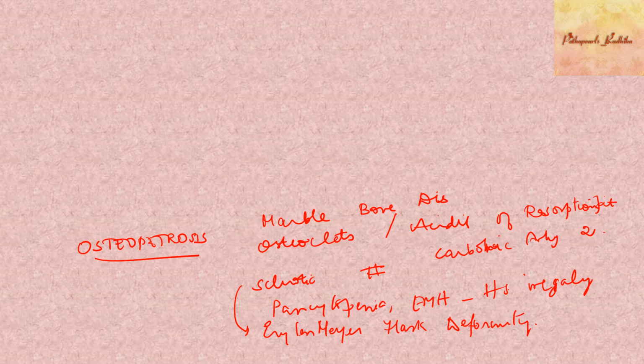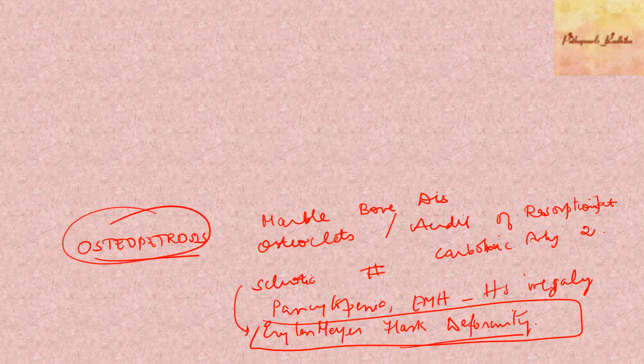So remember, Erlenmeyer flask deformity can occur in other conditions as well. So you post in the comments where all you can get Erlenmeyer flask deformity. But this together with the sclerotic bone and other clinical features and biopsy features points to the diagnosis of osteopetrosis.